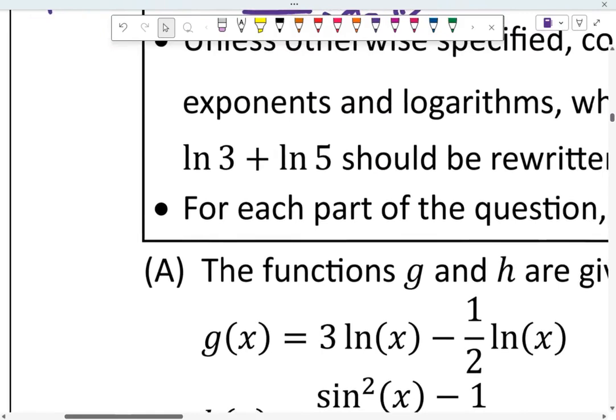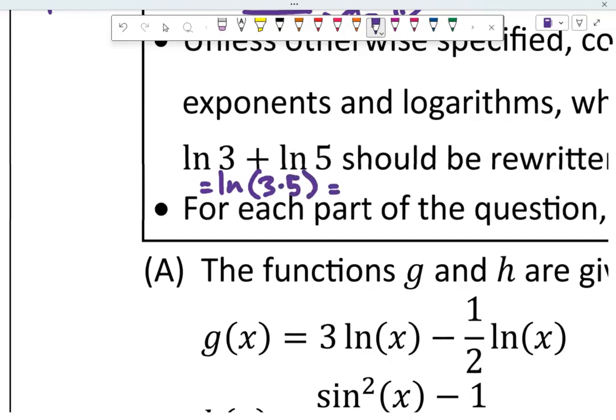Think about this one over here. Natural log of 3 plus natural log of 5. What would that become? It's a log property. We have adding here between 2 logarithms. How do we combine it into a single logarithm? With multiplication. So that would actually be natural log of 3 times 5, or natural log of 15.